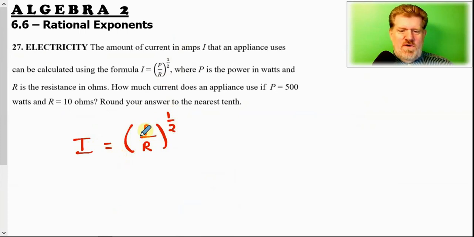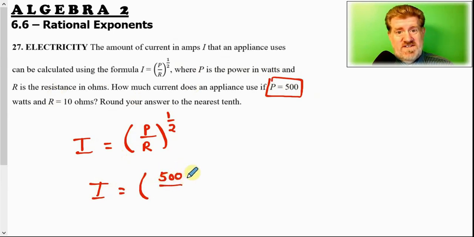Okay, so we're given information. P is the power in watts. R is the resistance. P is 500. So even if I don't understand what it all means, I know how to run a formula, which you're going to find is actually quite a good skill in life. R is 10. You just have to accept the fact that the formula is correct.